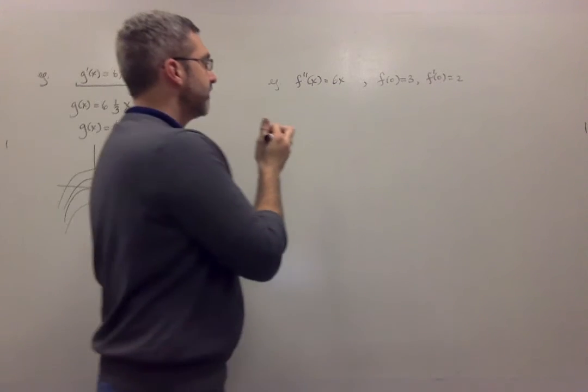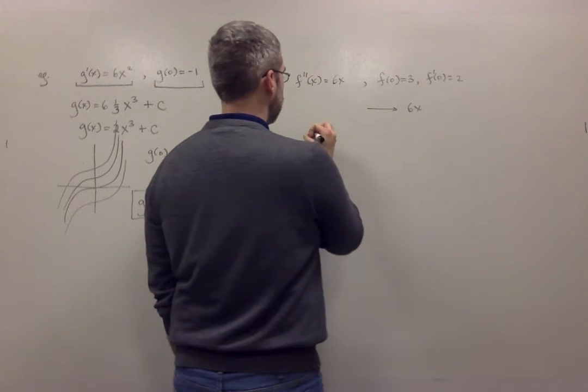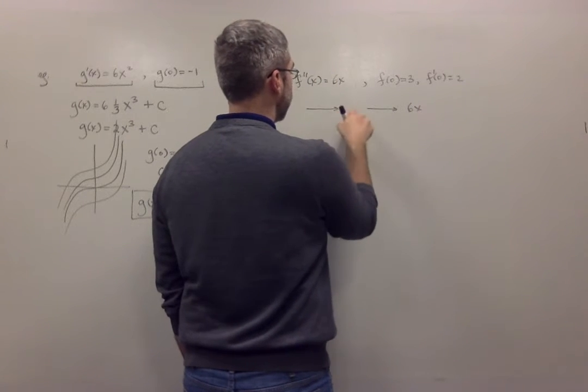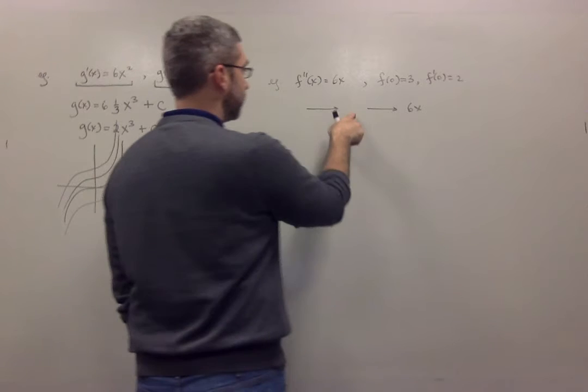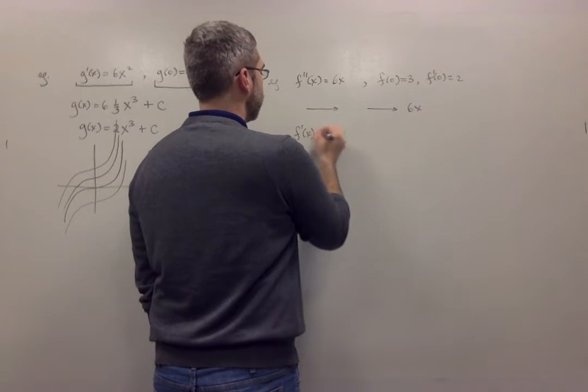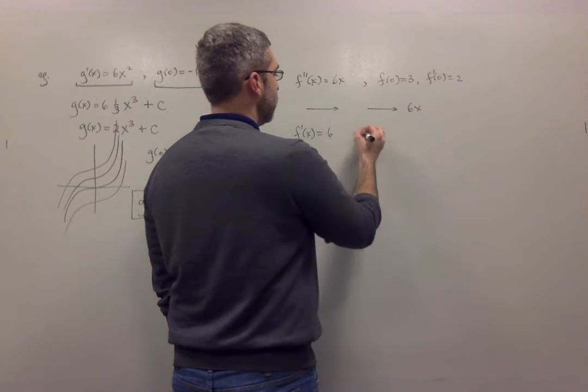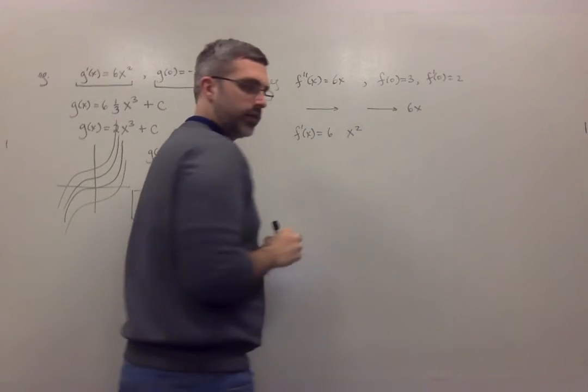So starting from the second derivative being 6x, let's ask, what was the first derivative? Once we figure out what the first derivative is, then we can figure out what the original function was. So the first derivative, well, let's leave the 6 alone. The x had to come from x squared.